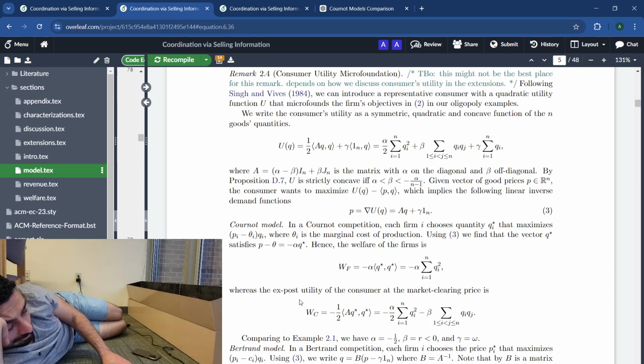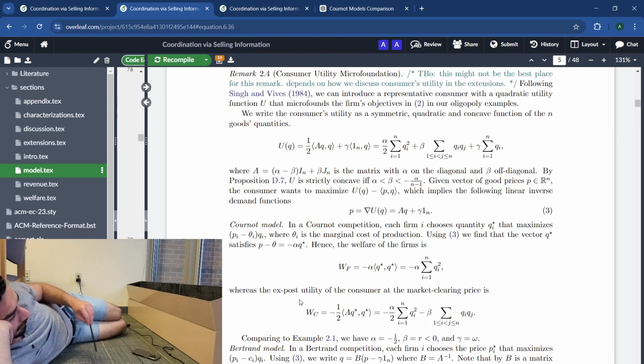And also I don't like this one because we have UQ, but here these are the consumers who decide.